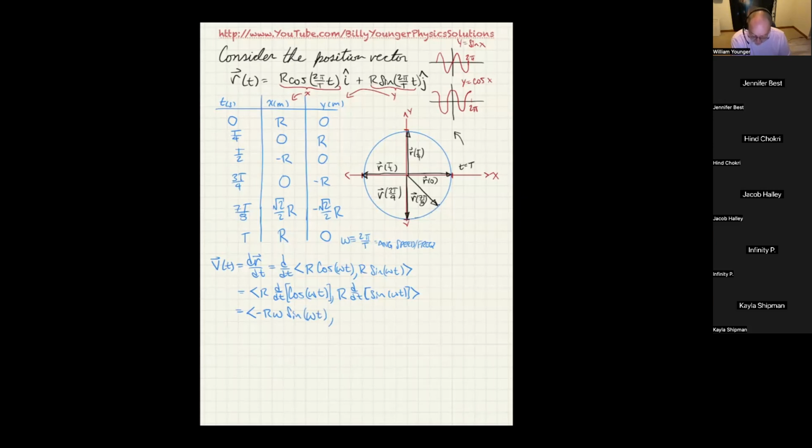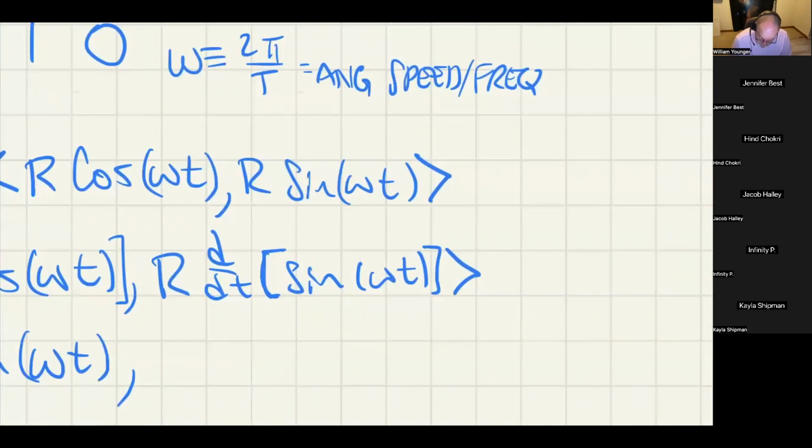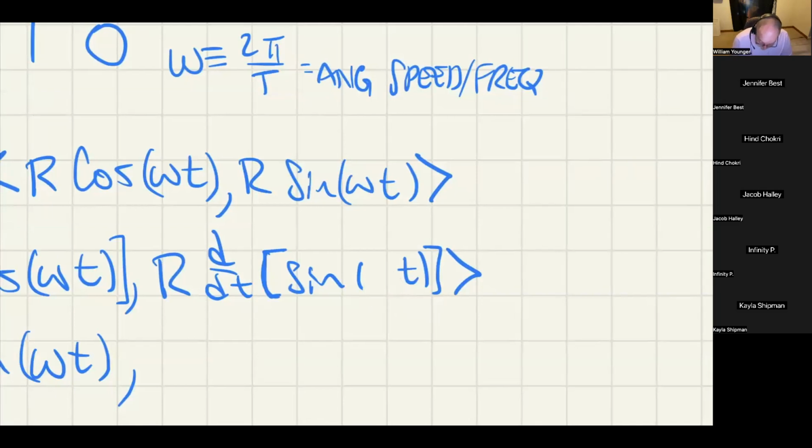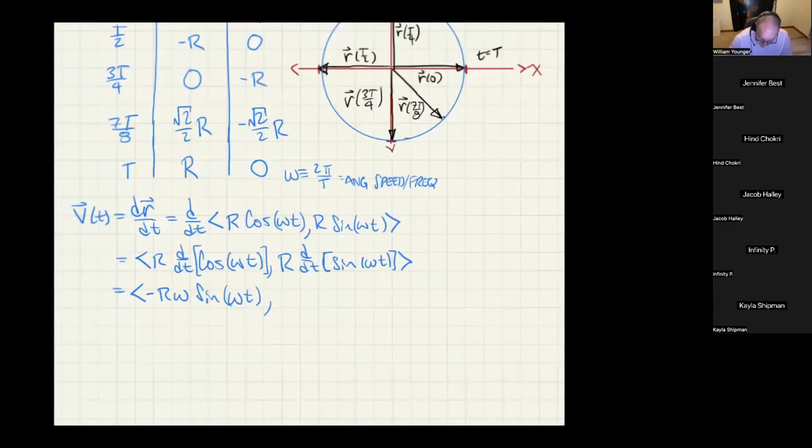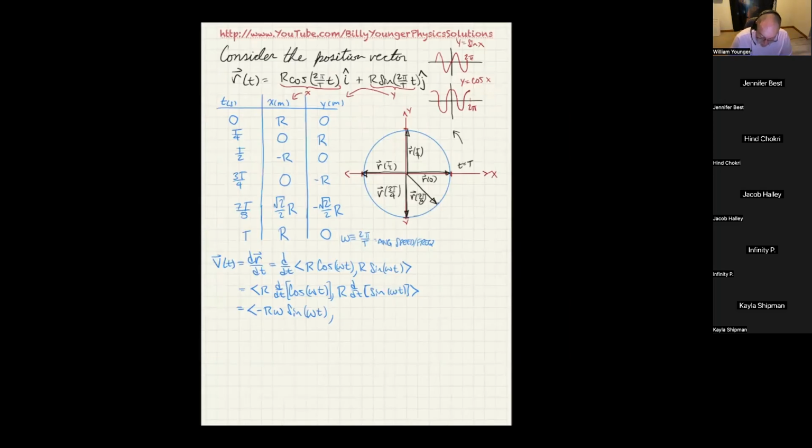Okay. Now, someone want to give the y component a try? I'm going to write it down, see if you guys can get it as well. Okay.